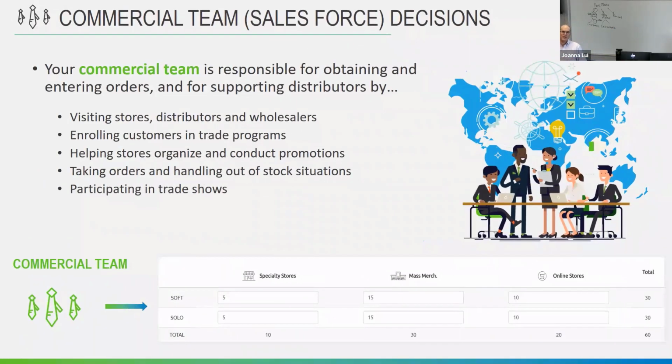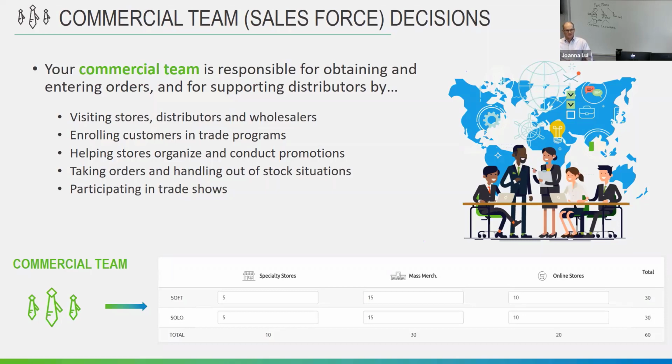You'll also decide where you want to send your commercial team. In America, we call that your sales force. But the commercial team decisions are, again, a little drop-down. You just put the numbers in a box. Each salesperson is channel specific.